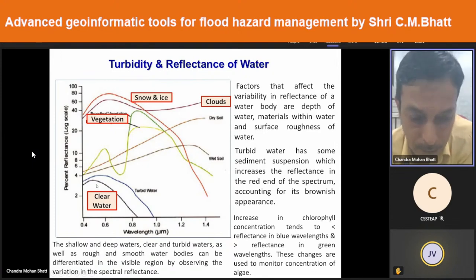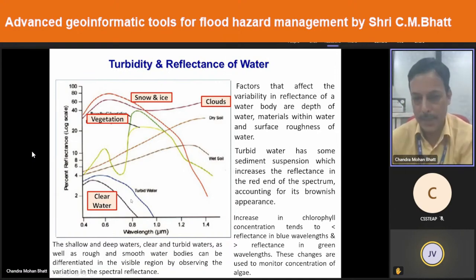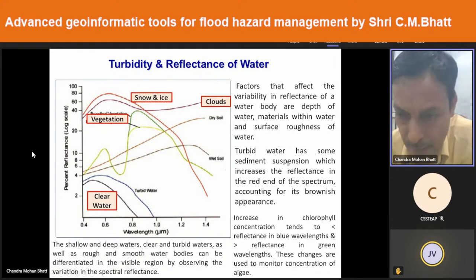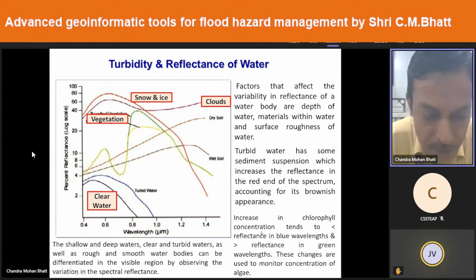If there is turbidity, if there is presence of sediments in the water, reflectance increases, especially in the red band. This turbid water has some sediment suspension, which increases the reflectance in the red end of the spectrum, accounting for its brownish appearance. Similarly, if there is an increase in chlorophyll or other substances in the water, its reflectance curve will change from the normal.